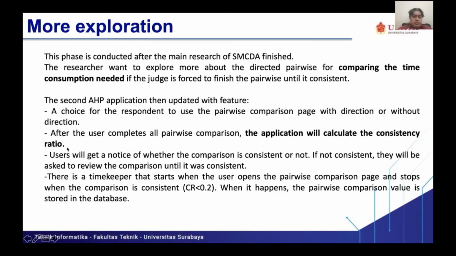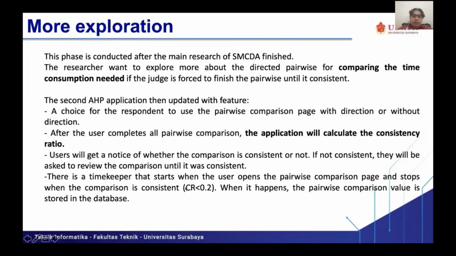And after the user completes all pairwise comparisons, the application will directly calculate the consistency ratio, and the user will get notice whether the comparison is consistent or not. If it is not consistent, they will be asked to redo the comparison until it is consistent.